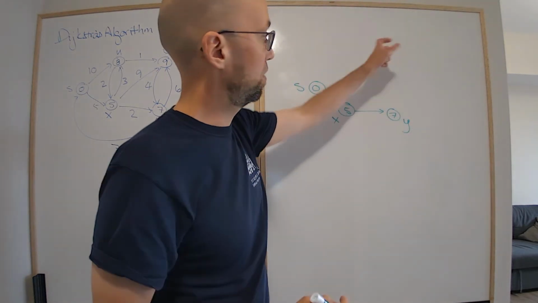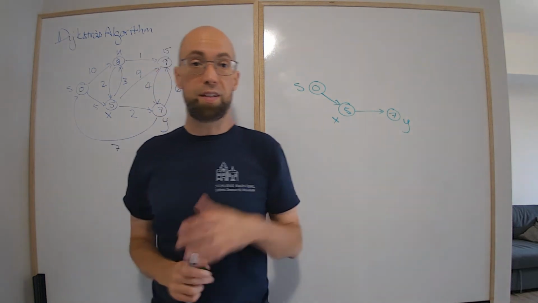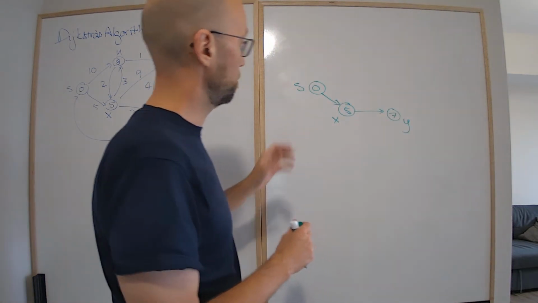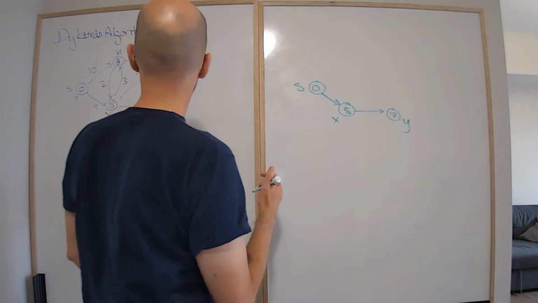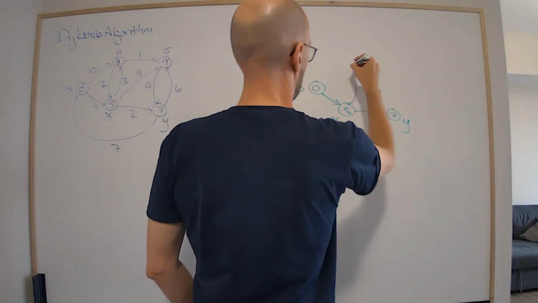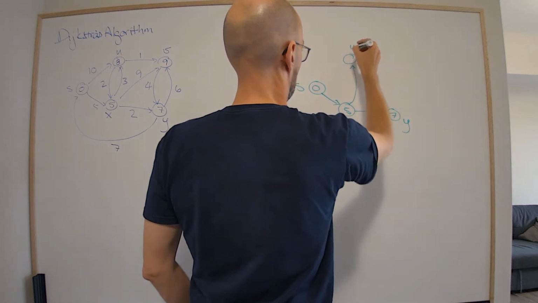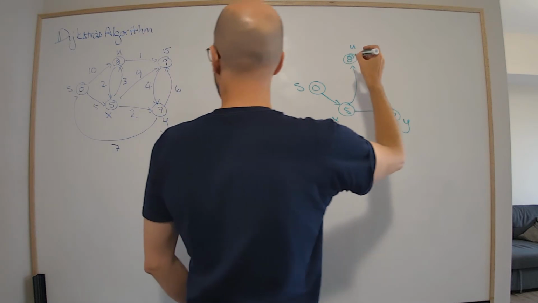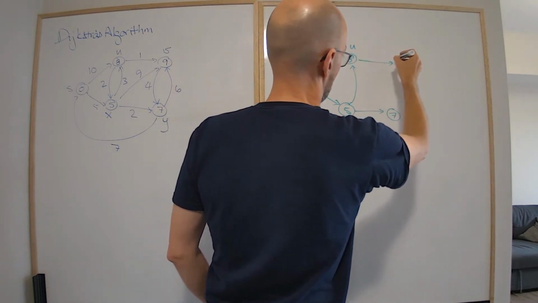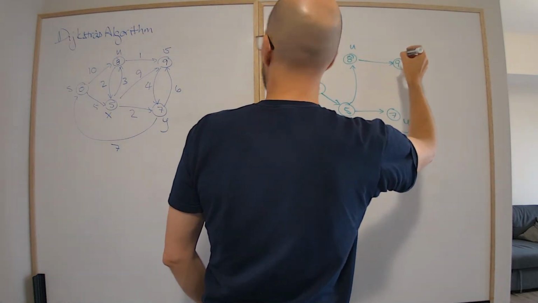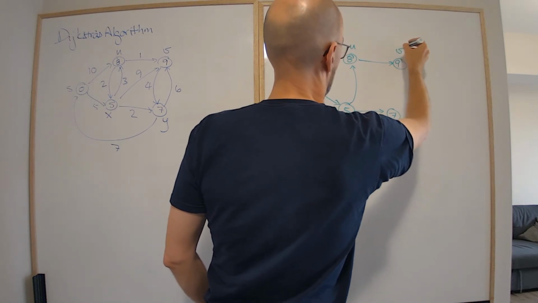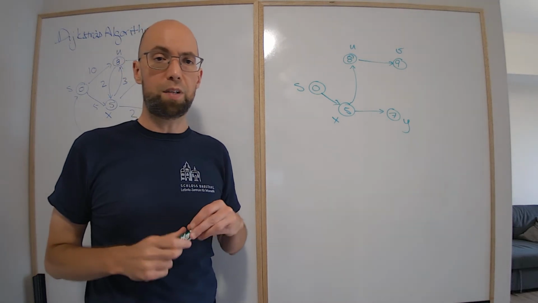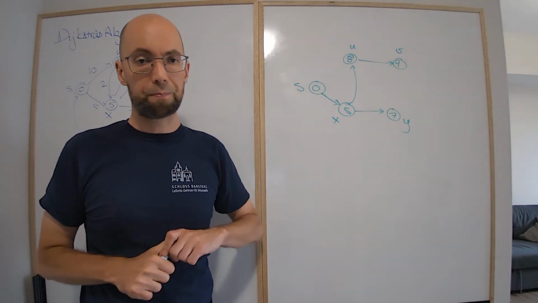Then we update the estimates of the distances of things incident to Y, and we take the smallest thing we can reach in one step from the tree, which is U. And we update the estimates, and now we take the smallest thing that we can reach in one step from the tree, which is B. And we do that updating using the priority queue.